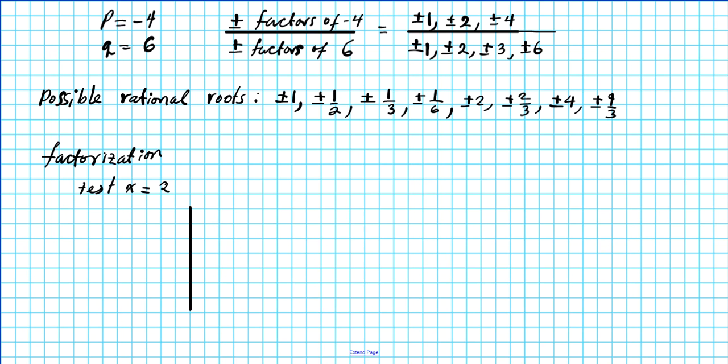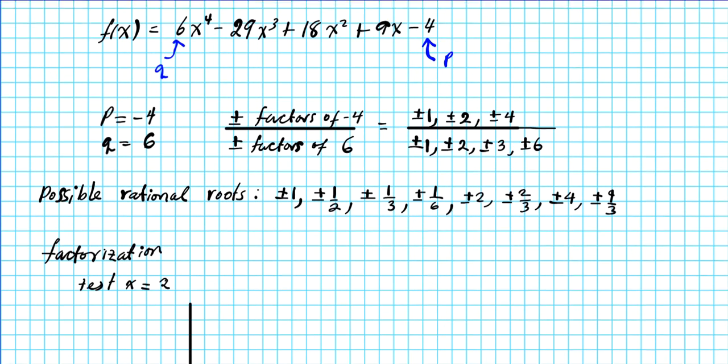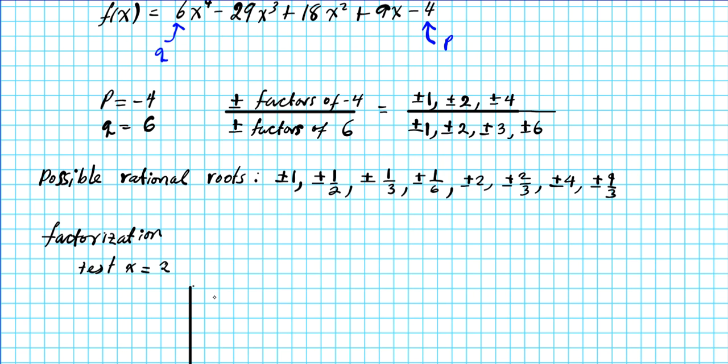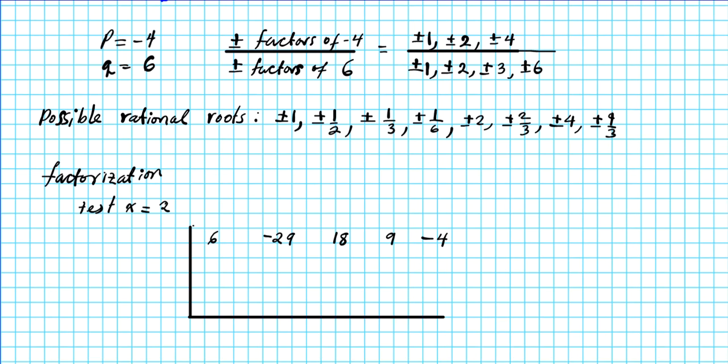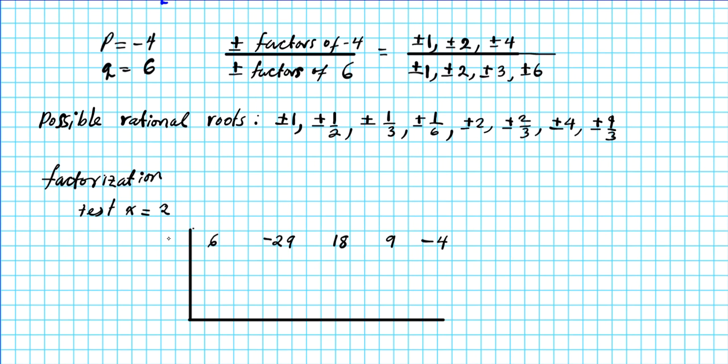So we're going to make our synthetic division bar, and now we're going to extract the coefficients of our original polynomial function. So we have 6, negative 29, 18, 9, negative 4. Okay, so we're going to put the root here, 2.